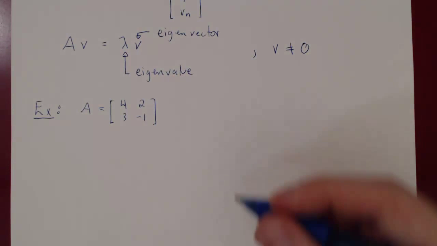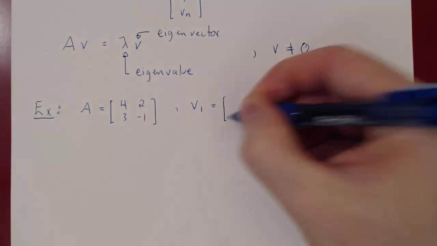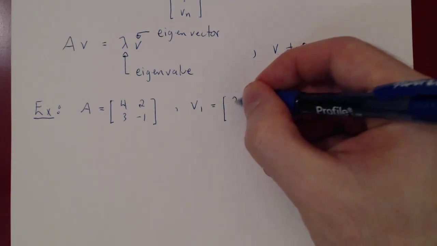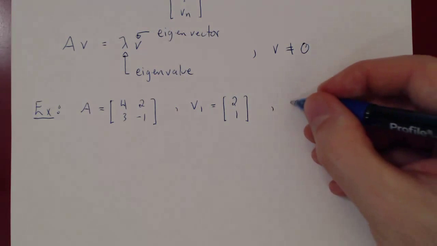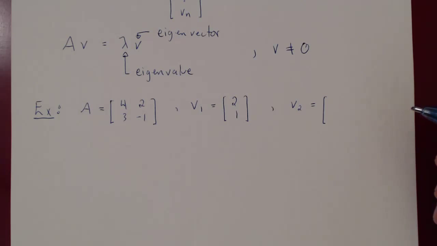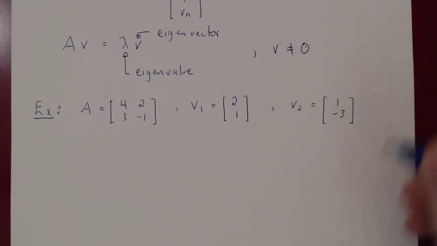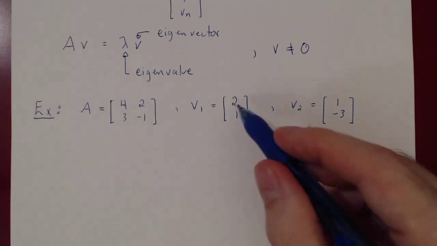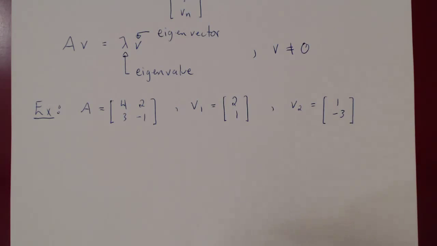And we'll take as our first vector, call this V1, the 2 by 1 vector 2, 1. And we'll take another vector V2, and say the entries of V2 are 1, negative 3. I claim that V1 is an eigenvector of A, and V2 is an eigenvector of A.